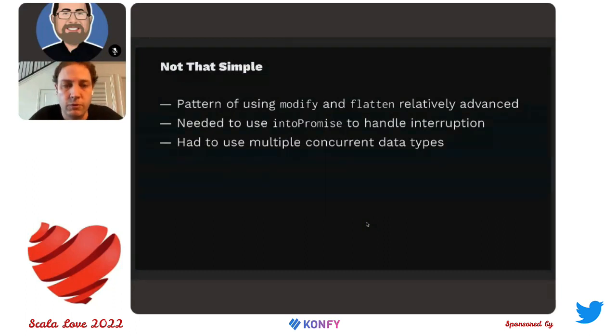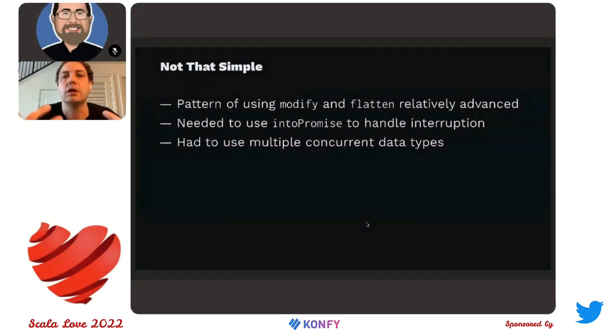So on the first point, I think you can probably see from those code examples before that it was not the simplest thing. We had to use this modify, and then we had to use this flatten operator, and we kind of had to think about like this modify is returning an effect as a value that then we were going to need to run.